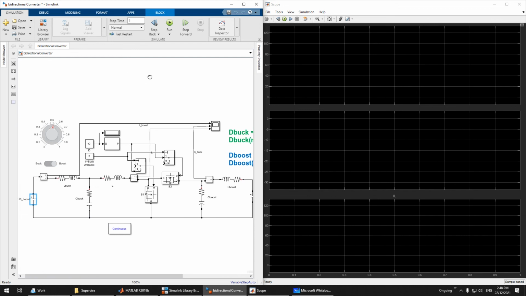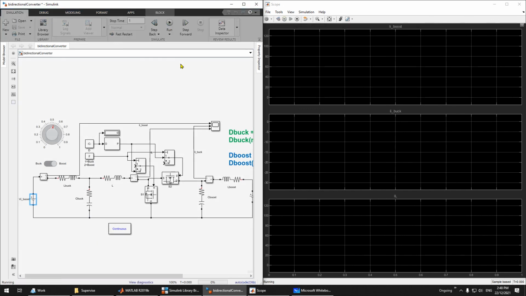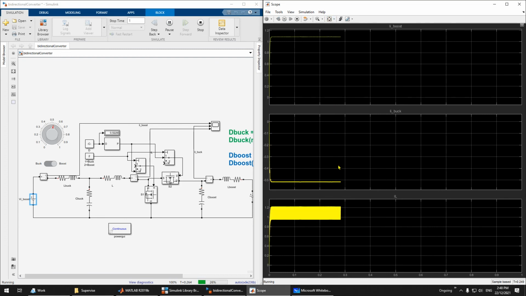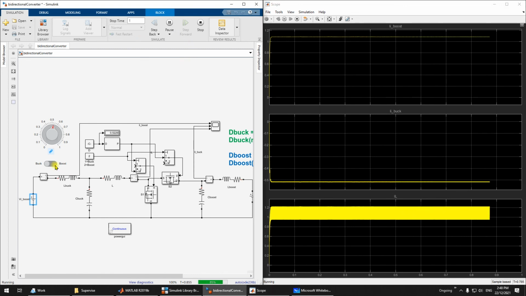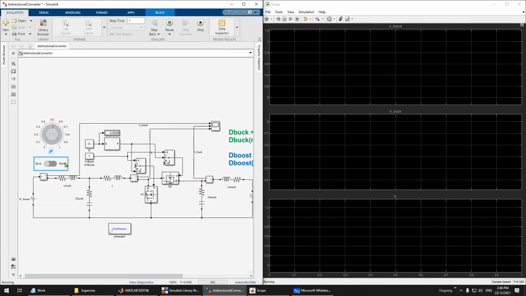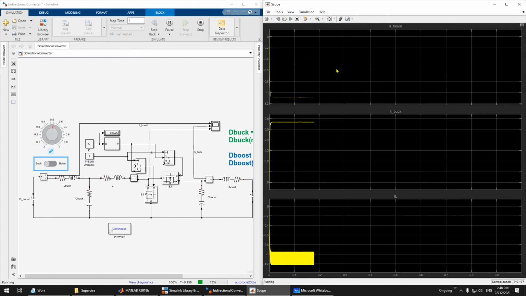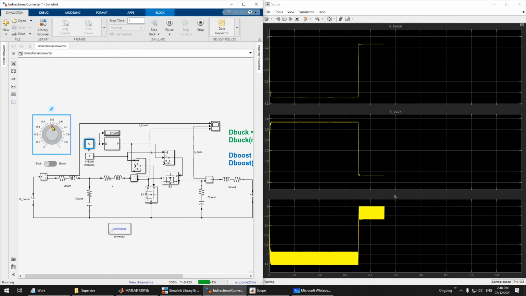So what it means is that you can see here, if you run it as the boost here, you cannot go lower than 0.5.